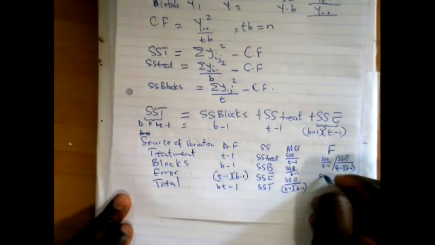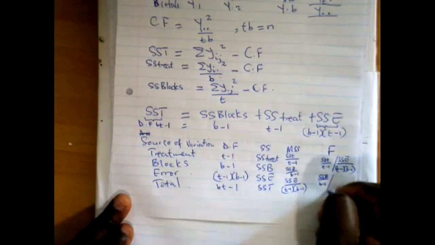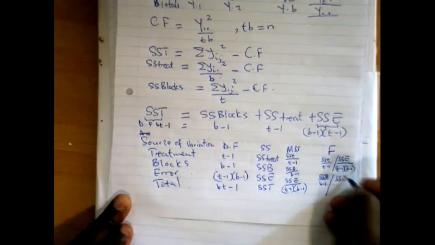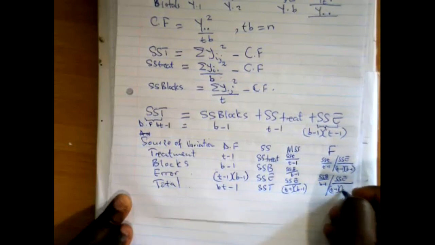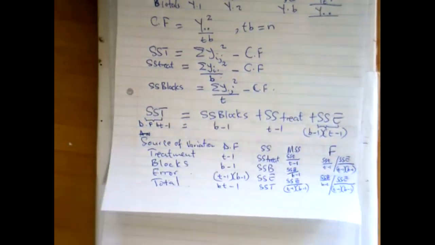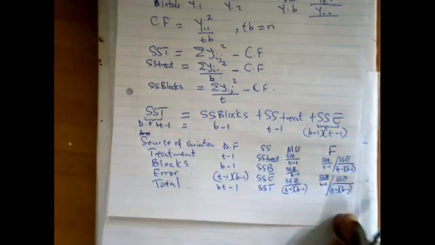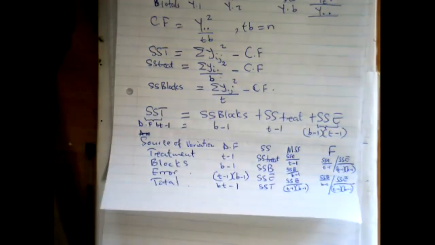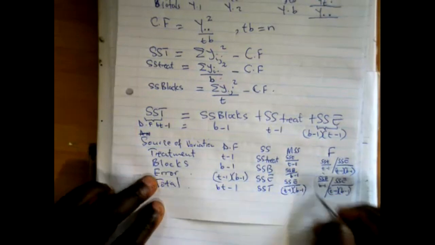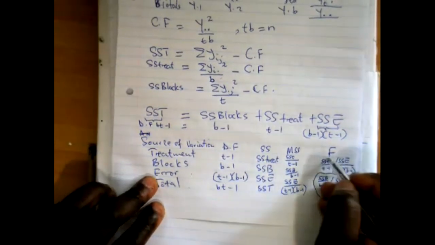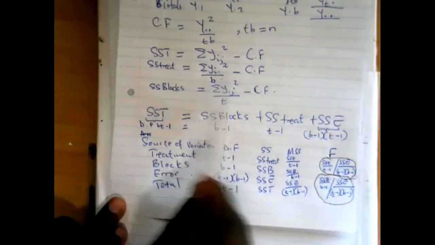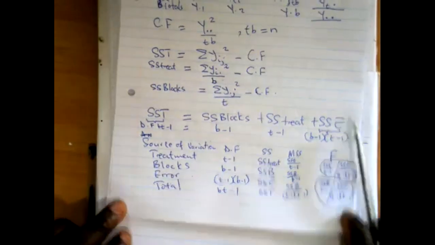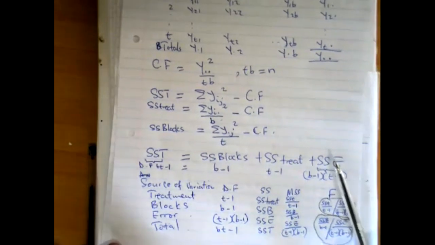We will have our SSB over B minus 1, divided by SSE divided by T minus 1, B minus 1. So take note that this is a two-way ANOVA because we now have two F values. There is this one and there is that one. And all these can be obtained using this formula after laying down your data in that way.